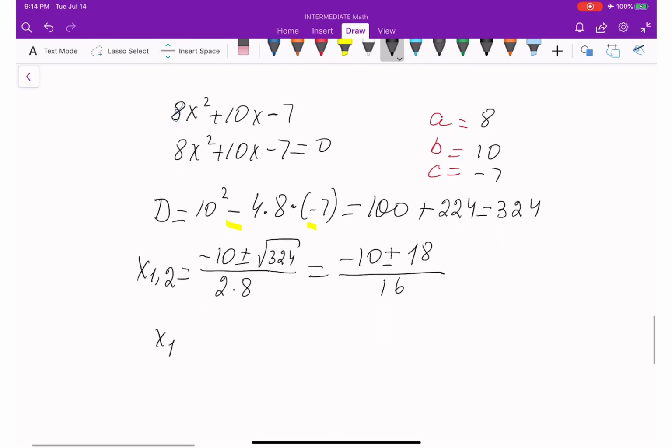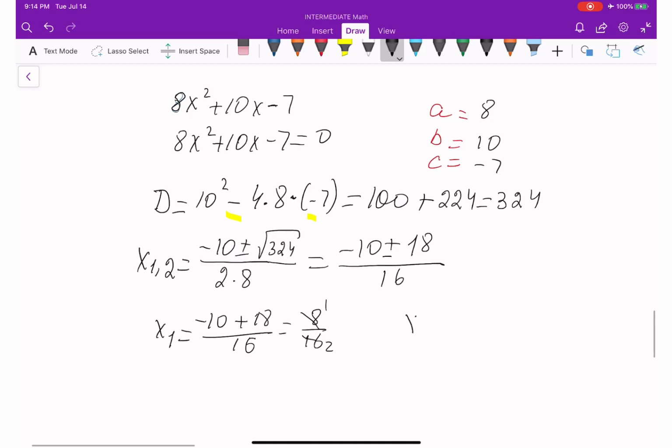So, x1 is equal negative 10 plus 18 over 16. It's going to be 8 over 16, 1 and 2, right? And x2 is equal negative 10 minus 18 over 16.